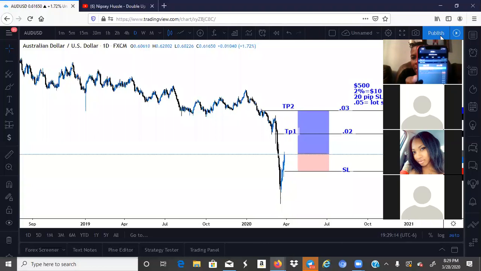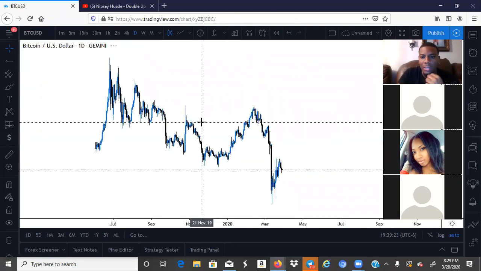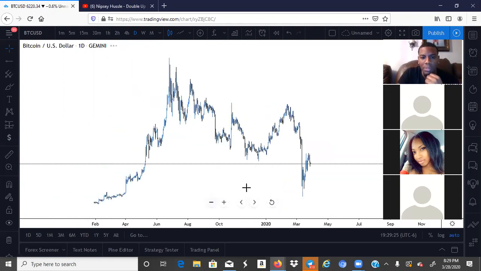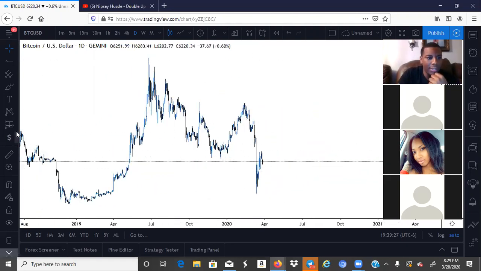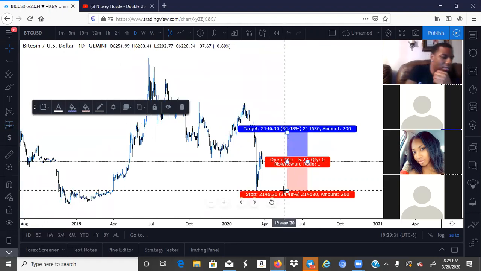So for example, let me just go to BTC right quick, so I can actually pick a good stop loss and take profit. So for example, we gonna buy Bitcoin on this my demo account.